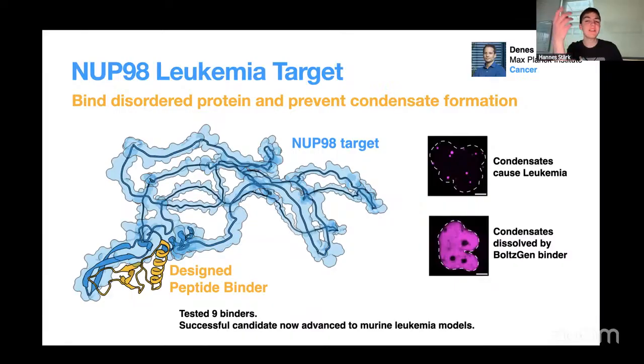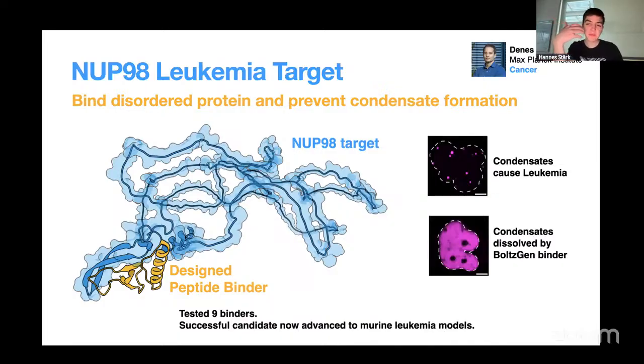And then these condensates recruit some proteins, like some growth factors maybe, into the nucleus of the cell and then cause cancer, cause leukemia. And thus, we want to design this peptide here that binds at this region and then dissolves the condensate by preventing the NUP98 from binding to each other.